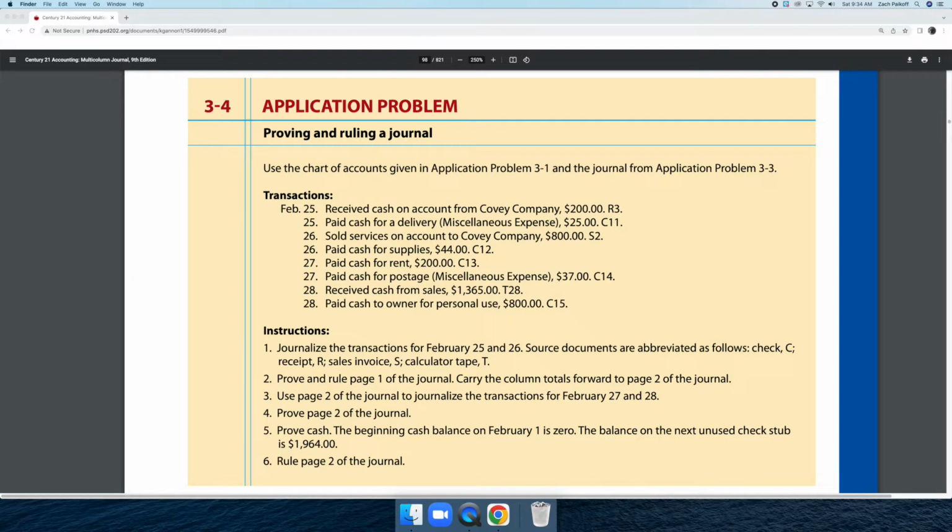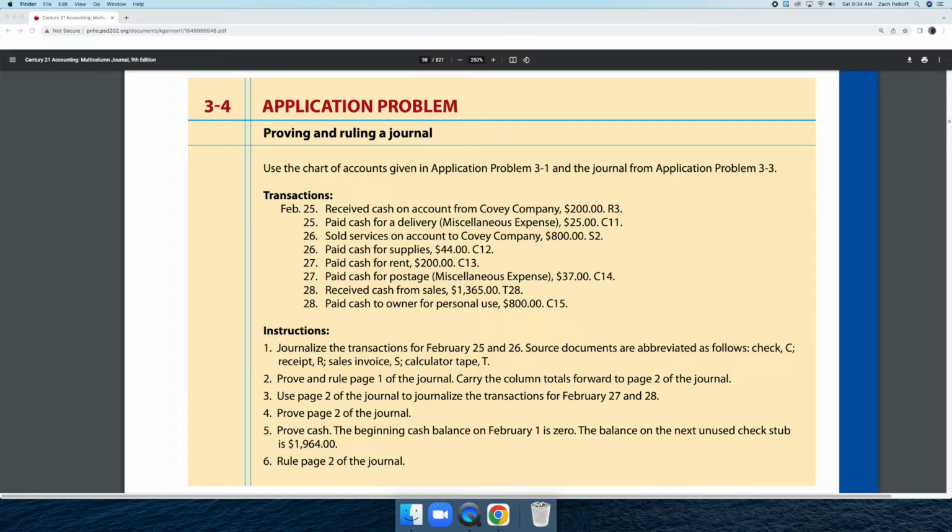Number 5 is asking us to prove cash. The beginning cash balance on February 1st is 0, and the balance on the next unused check stub is $1,964. And number 6 is asking us to rule page 2 of the journal.